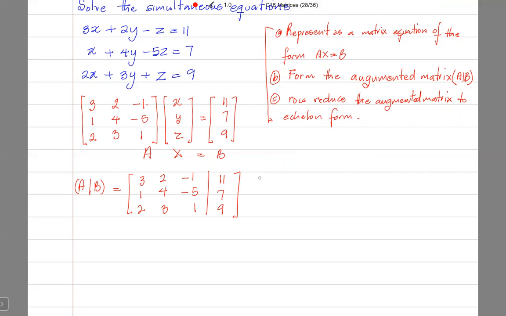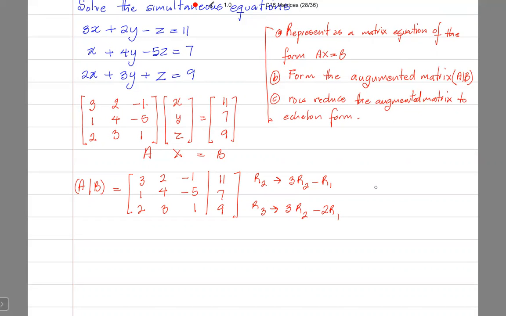So let's start with row 2. Row 2 is going to be 3 row 2 minus row 1. And row 3 is going to be 3 row 3 minus 2 row 1. All right, so let's start off with row 2, 3 row 2.